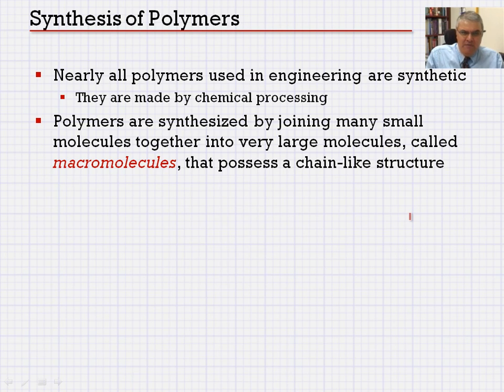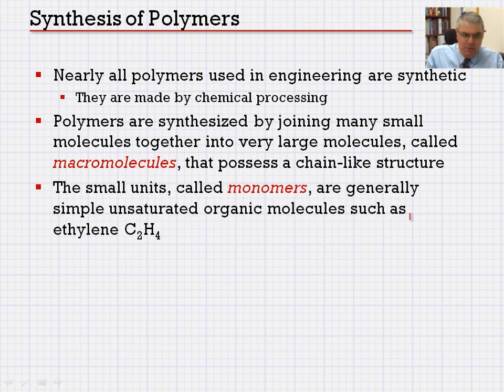Remember, poly means many and mers means parts, so we always deal with these large molecules, very large molecules, and they're called macromolecules because of their size, and they are like a chain. Surely we're going to look at some of those structures.